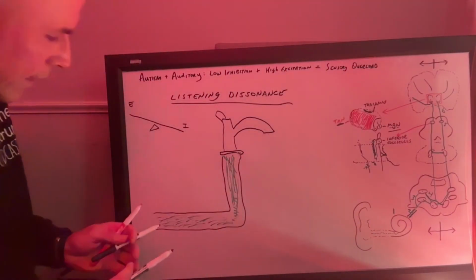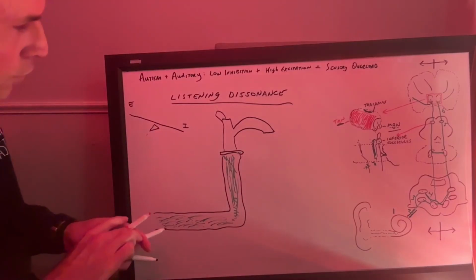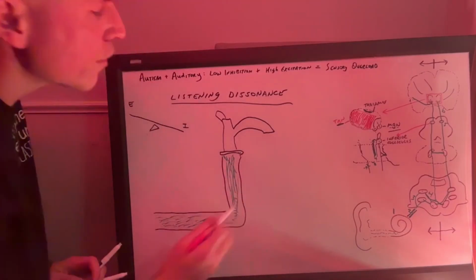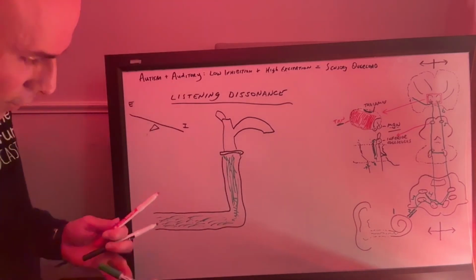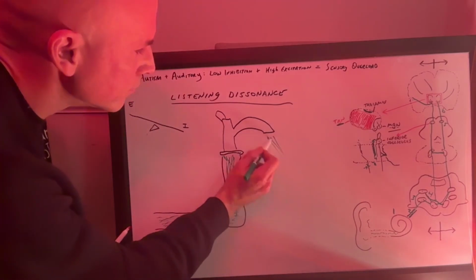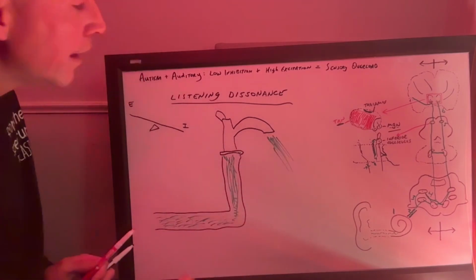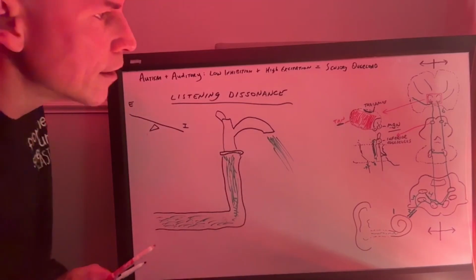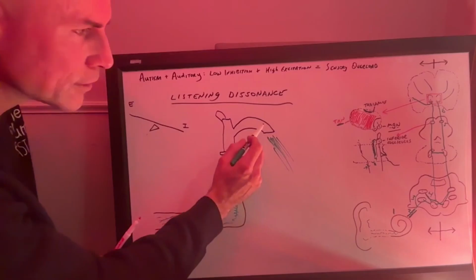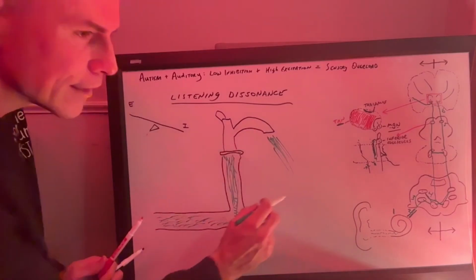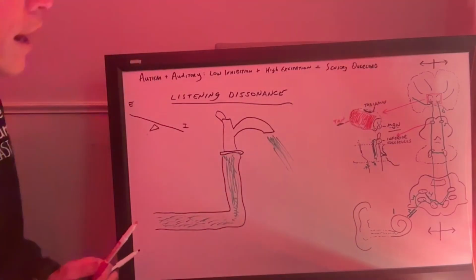If you have a leak here, or if you're trying to control the water flow here, but you can't, water is just going to come out uncontrollably. This is what's happening with that endocochlear potential, where you have this strong electrical potential and that strong gradient just to shoot noises up.